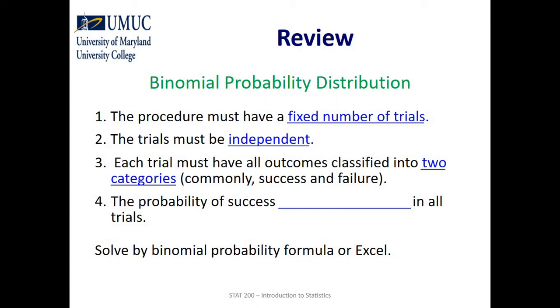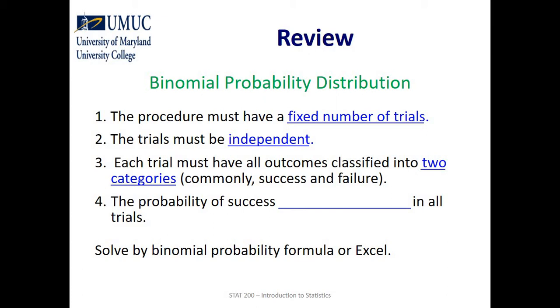Now, just calling something a success doesn't mean that you actually think of it as a success. A success may be that you lose a game. That's just the way the problem is defined. Doesn't make sense logically, but in terms of the problem, it doesn't matter what you qualify as a success or failure.